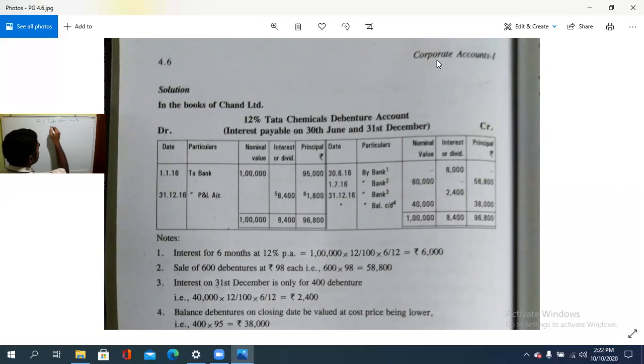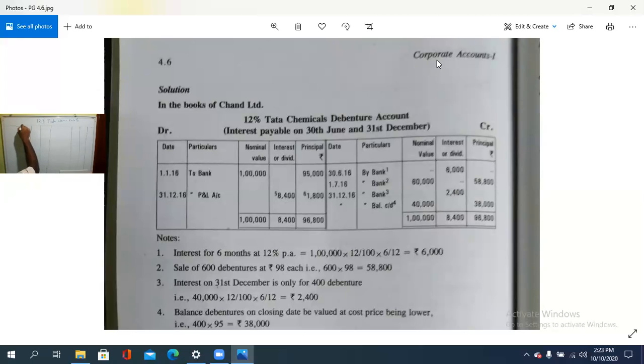In preparing the account, there is a debit side and a credit side. I think 3 columns are there: one for the nominal amount, one for the interest received or interest paid amount, and another for the principal amount after the interest.